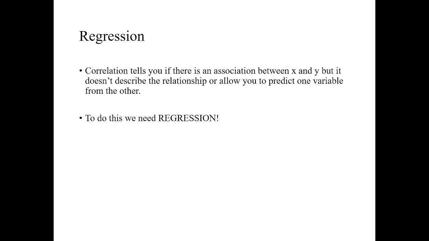Here it is said that correlation tells you if there is an association between x as well as y, but it doesn't describe the relationship, or the correlation value doesn't help us to predict or estimate one variable if the value of the other is known. Here we have to go for regression.